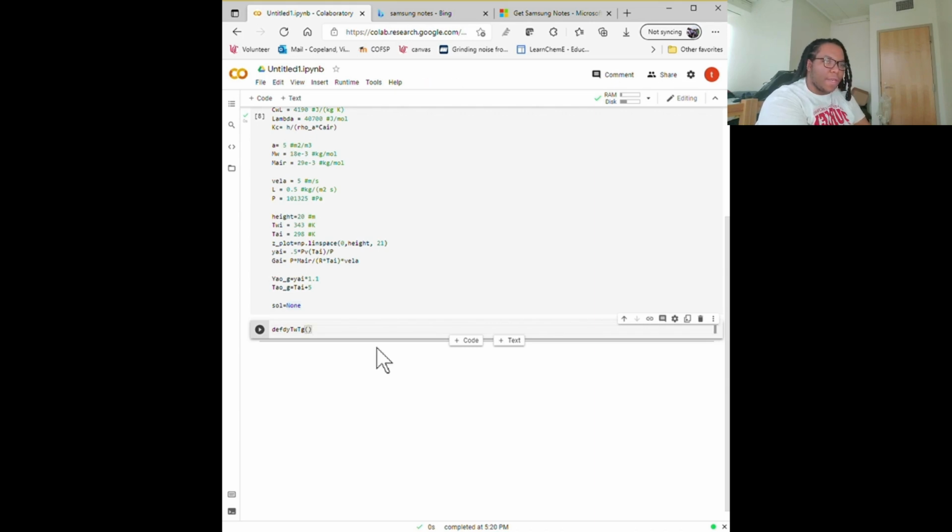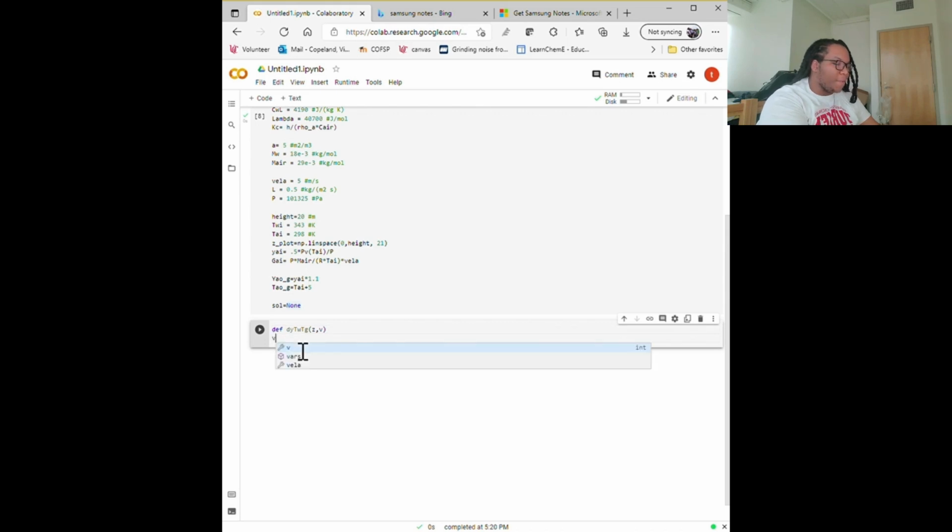And so down here, our first variable is going to be equal to our y. Our second variable is going to be equal to our temperature of water.